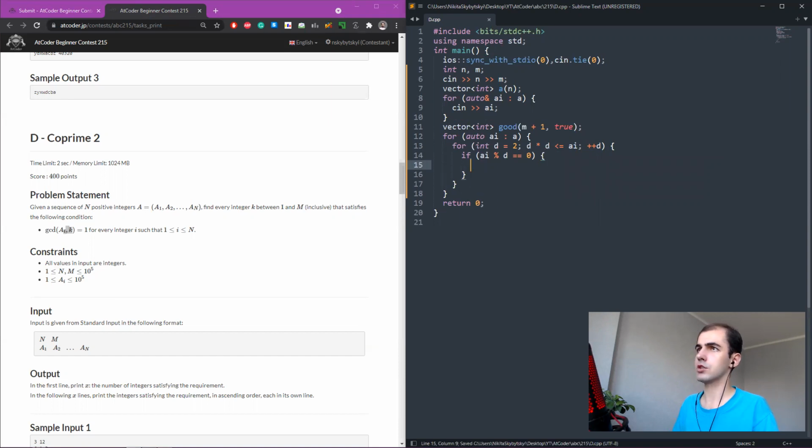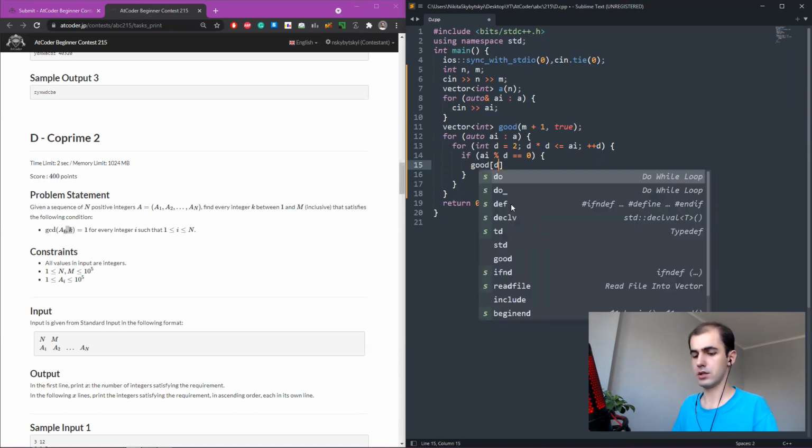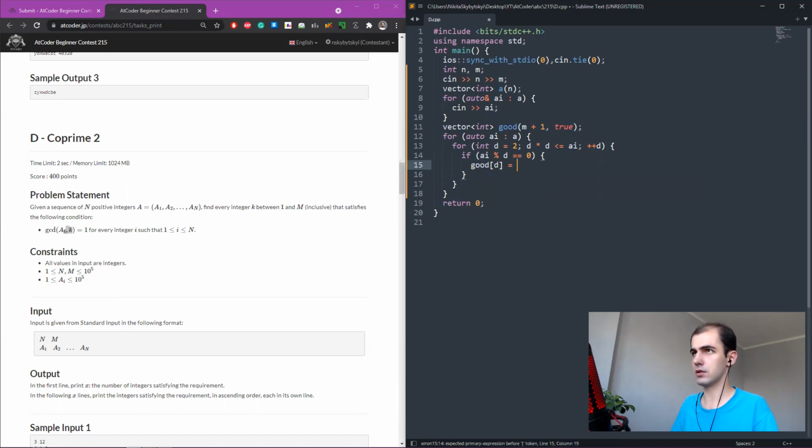If they are actual divisors, then what we say is, okay, d is not good, and we also divide AI by d, which I believe should actually happen. I can do as well just this.